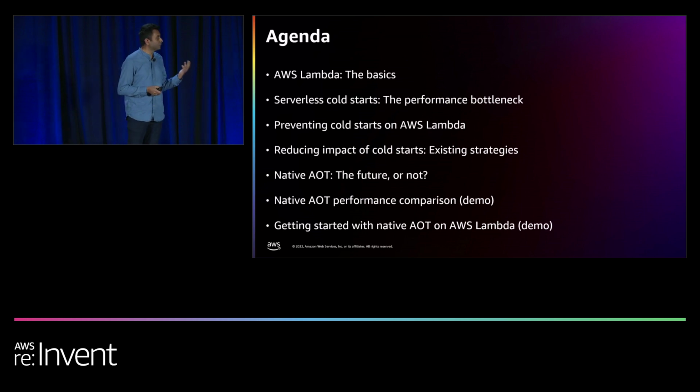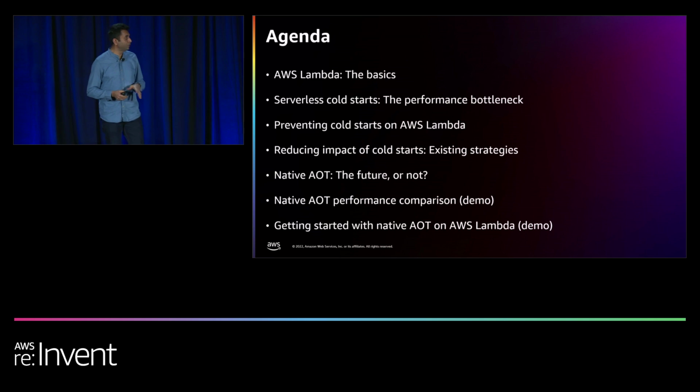And then we'll talk about some strategies around preventing cold starts for AWS Lambda. And then we'll come back saying that why some of these strategies are sometimes overkill, sometimes unreliable, and talk about programmable ways to reduce Lambda cold starts for .NET.